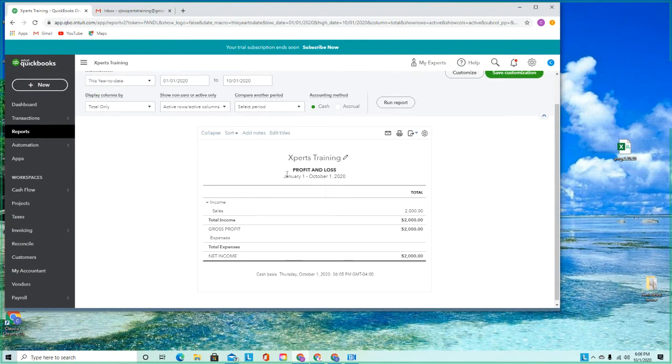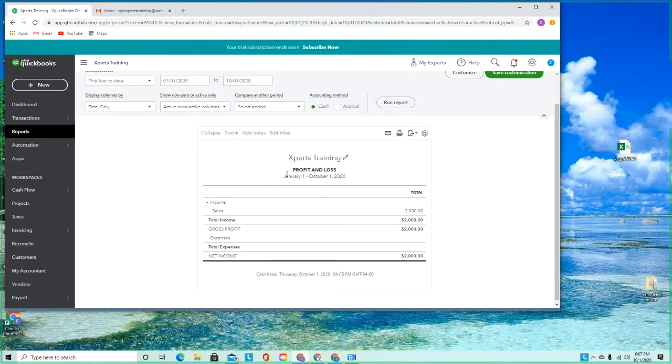And when you accepted the payment, you accepted the payment only to that one invoice of $2,000. So QuickBooks is going to say, hey, wait a minute. Your invoice is for $2,000. This client paid you $3,000. So there's $1,000 of unapplied cash payment because that's the wrong amount.